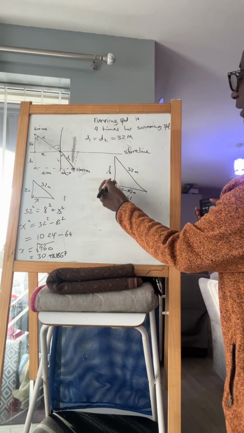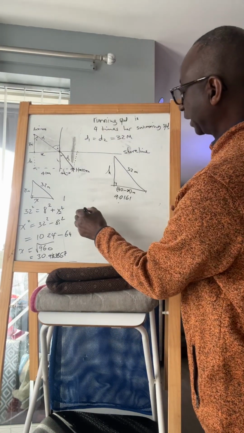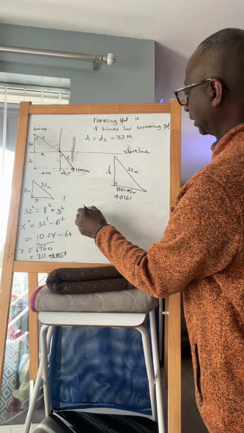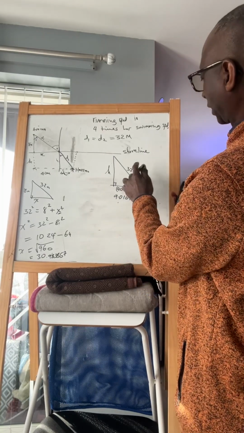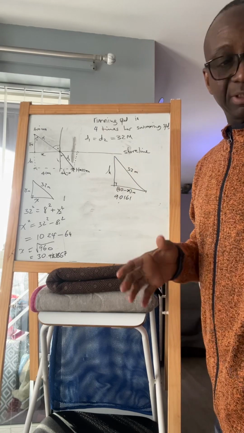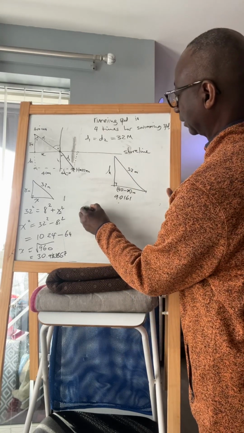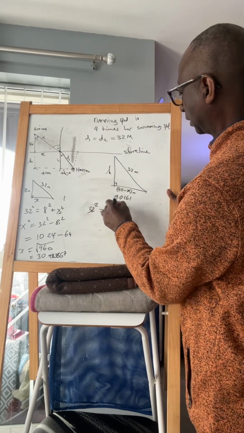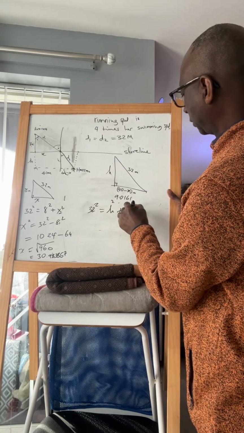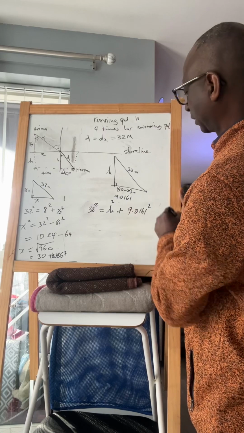Correct. But we need h. So again, we apply Pythagoras theorem here. The longest side, which is 32 squared, the hypotenuse, is equal to h squared plus 9.0161 squared.